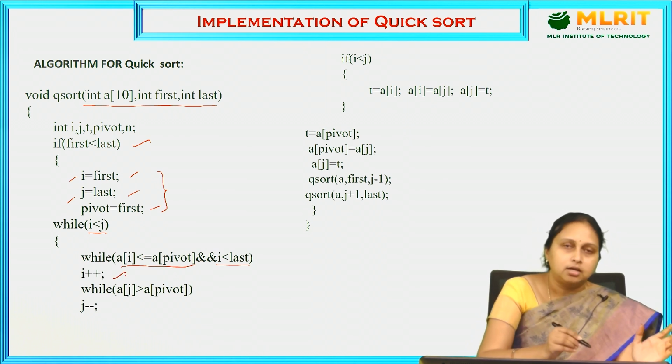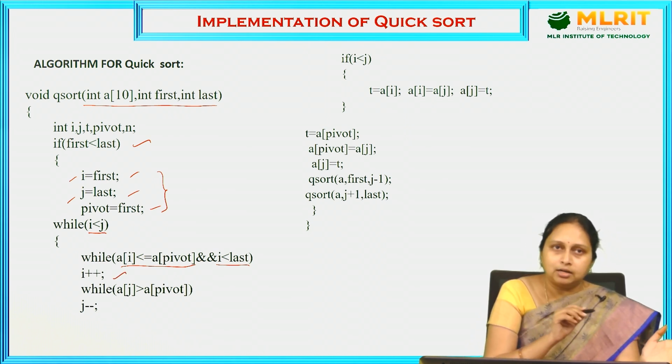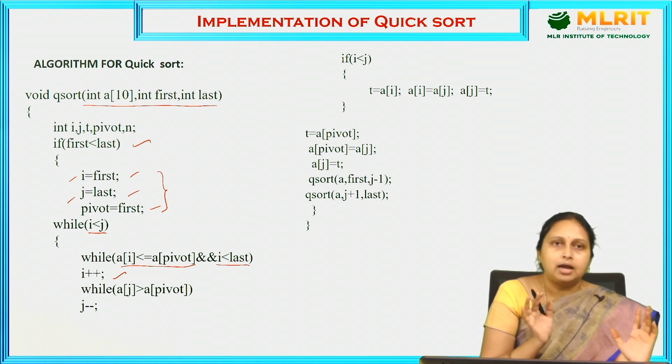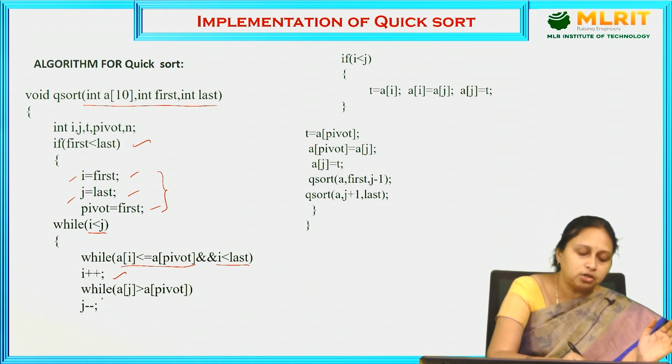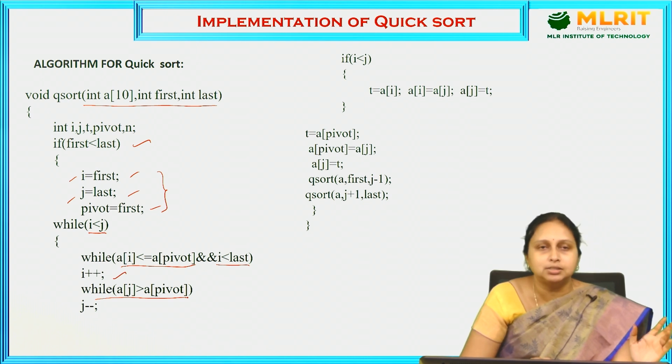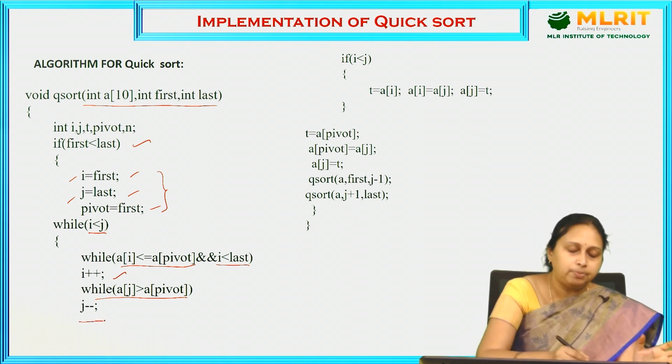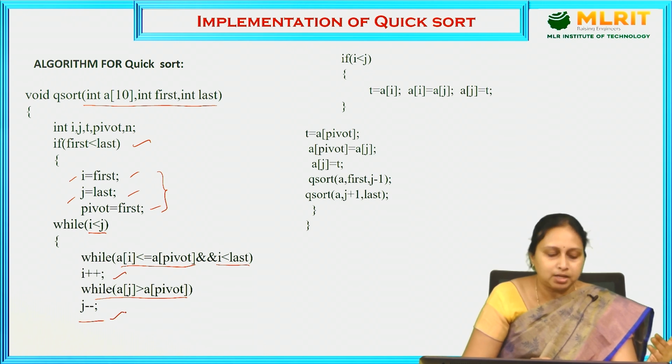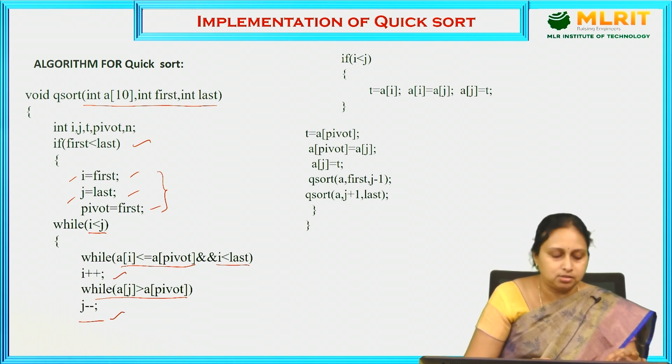Until that condition is true, I will keep on incrementing, and if it stops, then we are going to check for the J value. That is, if J is greater than pivot, J will be decremented. Somewhere it is going to stop by not satisfying this condition.